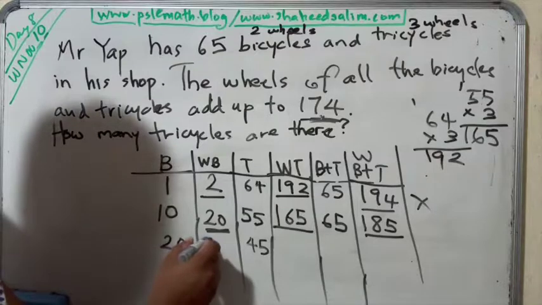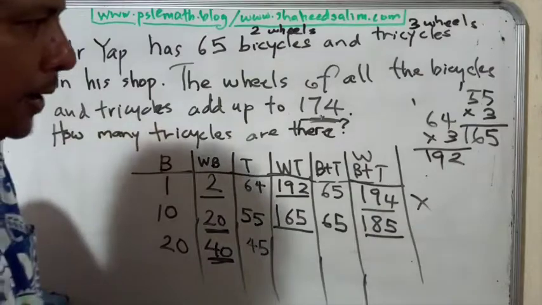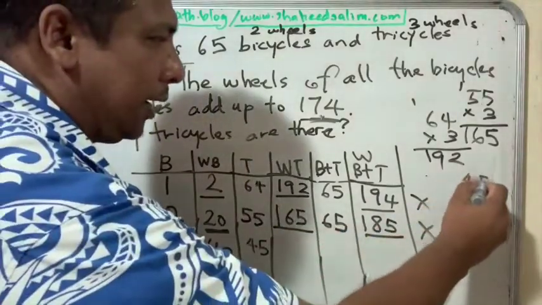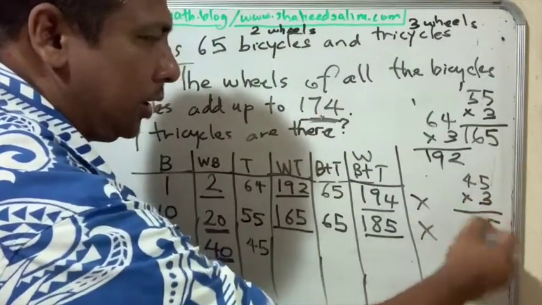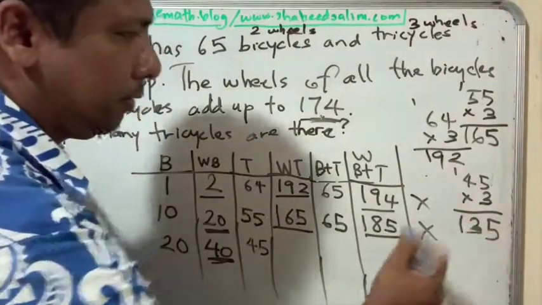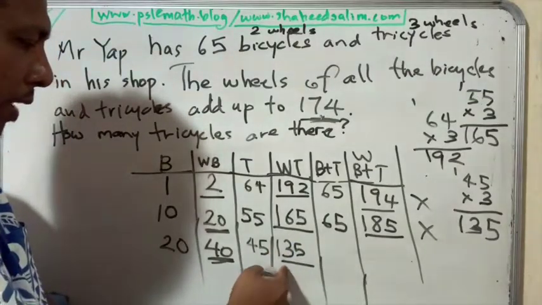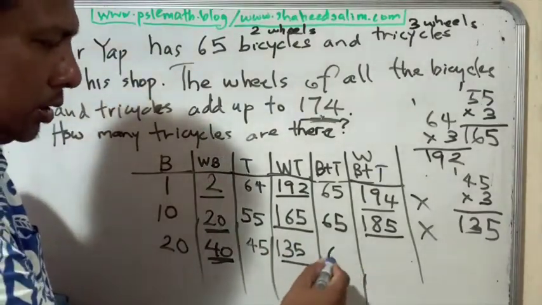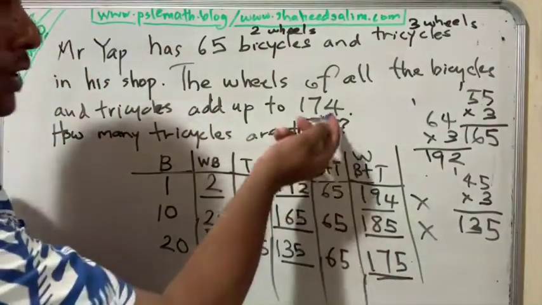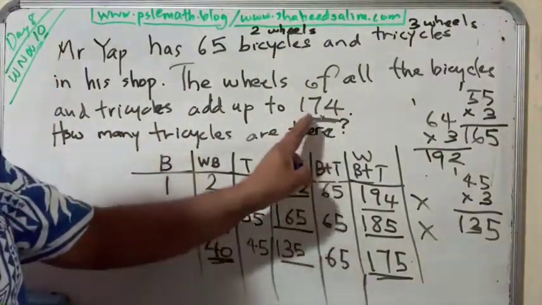So 20 bicycles have 40 wheels, 20 times 2. 45 tricycles would have 45 times 3, which is 135 wheels. 135 plus 40 is 175. 175 is just one wheel more than 174.